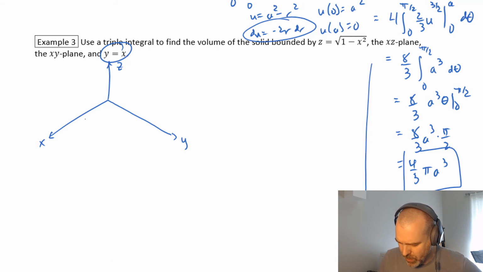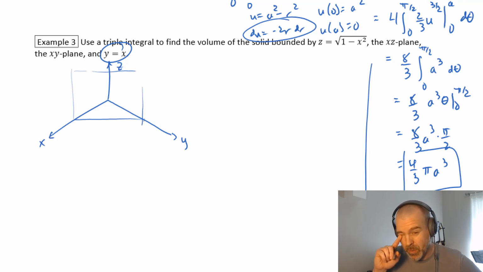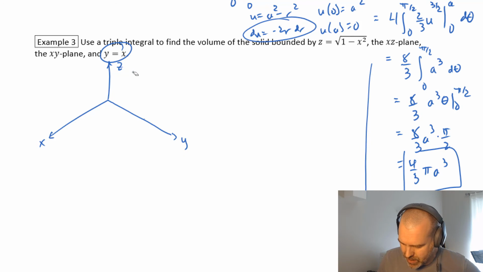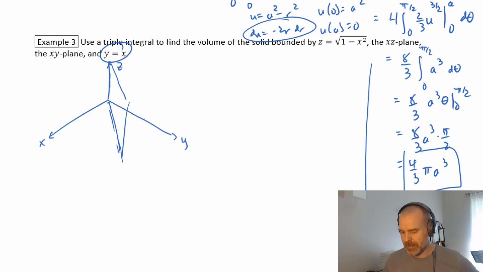So that will just be y equals x. I think that's just going to be a plane like this, right? Just a vertical plane there. No, that is not good. That's not y equal x. Y equal x would be at 45 degrees here, right? So there's a plane coming out from the z-axis.